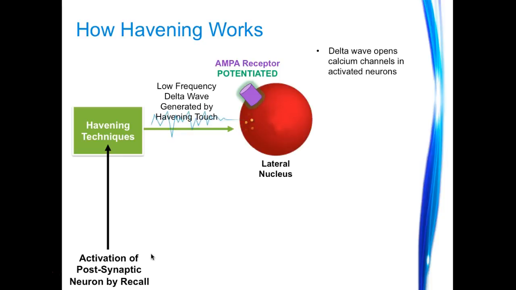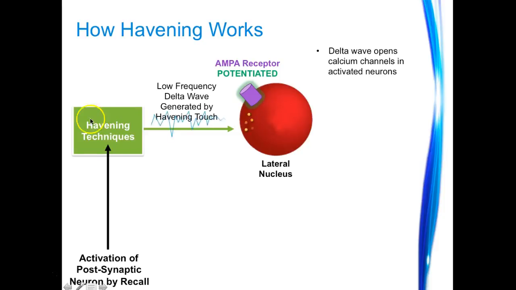So the person is asked to think of the event and it activates the postsynaptic surface of the neuron in the lateral nucleus of the amygdala, where AMPA receptors are potentiated from the trauma. So they need to be active in order for the good work to be done.